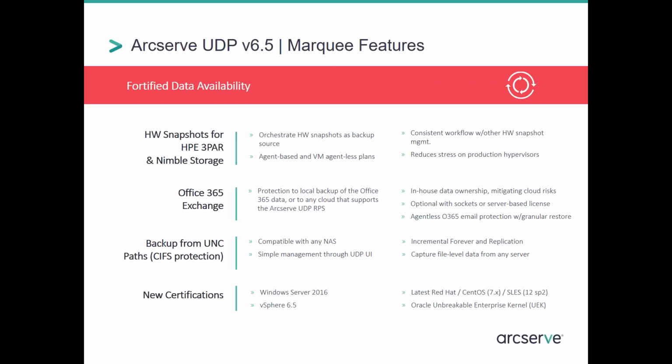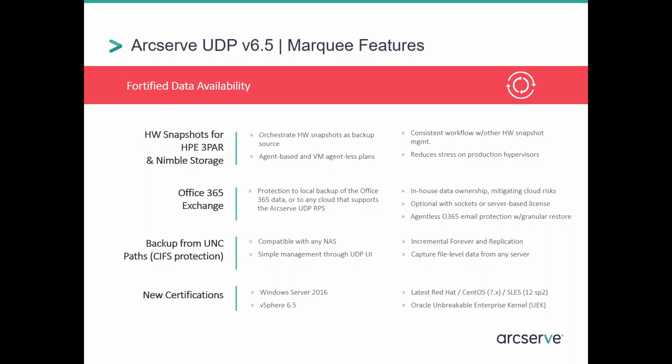So now we can back up NAS shares to disk and provide incremental forever backups to pick up the changed files on a regular basis to minimize the transfer time of backups. So it's really easy to set up, very simple, but provides very strong protection for NAS storage devices on the network.